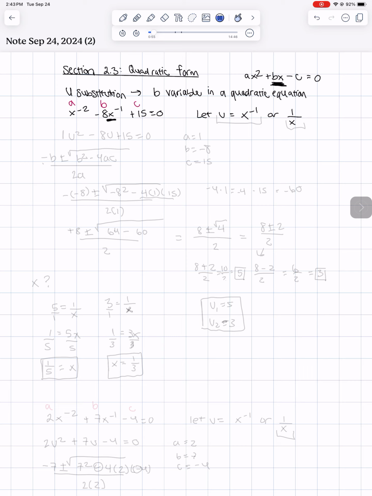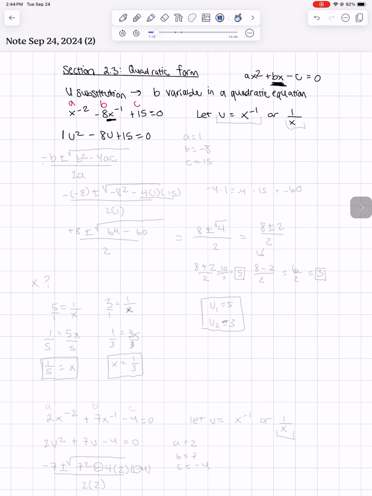Great. Now we want to put the equation that we have here, the quadratic equation, into the u substituted form. So that means I'm going to do u squared minus 8u plus 15 equals 0. And I'm going to put a 1 in front here as well, because technically if there's no number in front, I'm just going to make that 1.